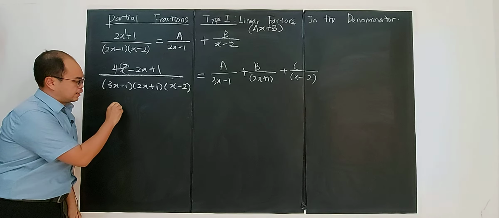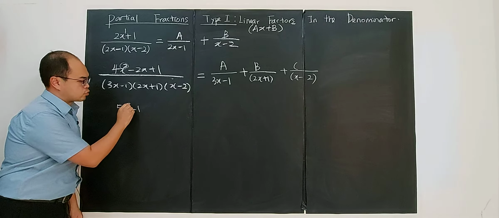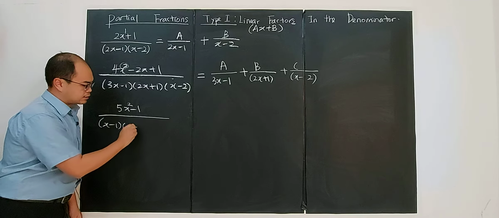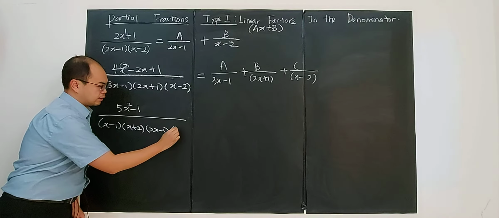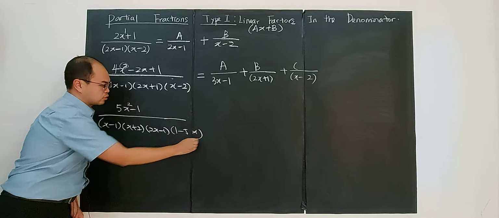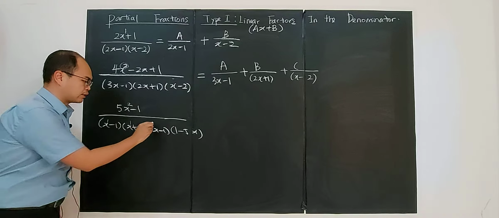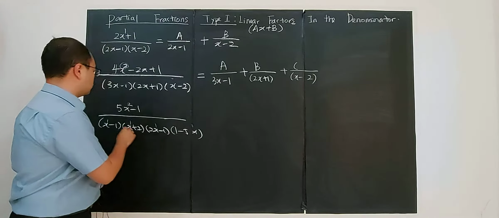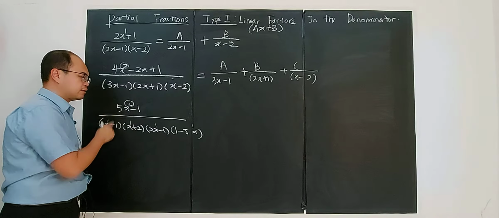If you have 5x minus 1, squared, over x minus 1, x plus 2, 2x minus 1, 1 minus 5x. As long as these are linear factors, x power 1 in all of them, all in the form of linear factors. And this is proper: the numerator is power of 2 and the denominator is power of 4, so the degree is less.